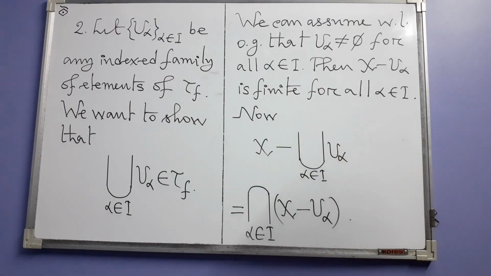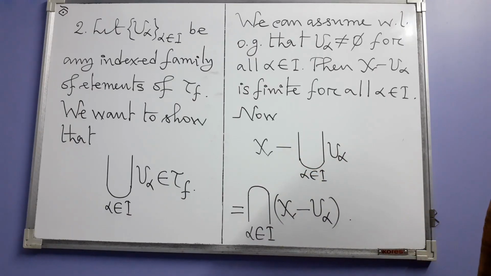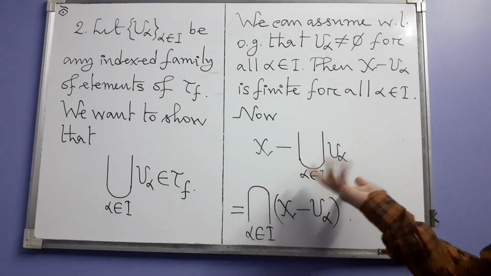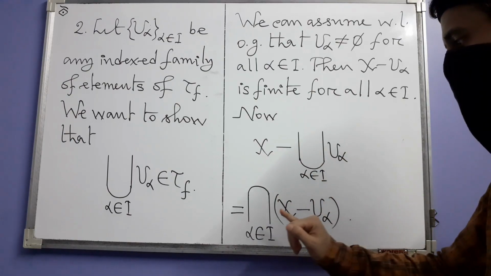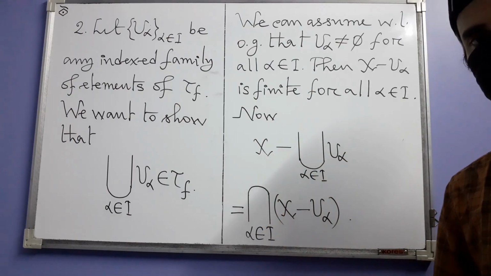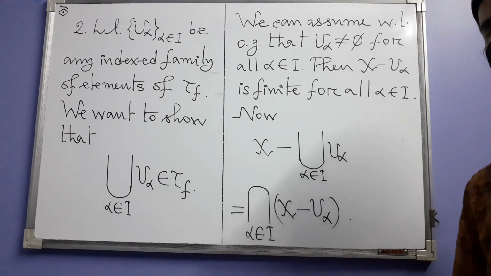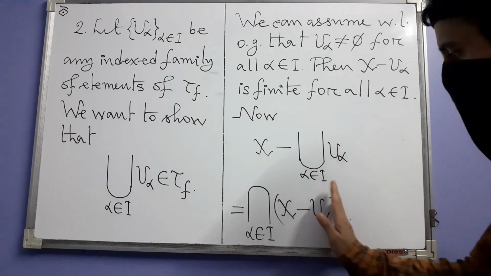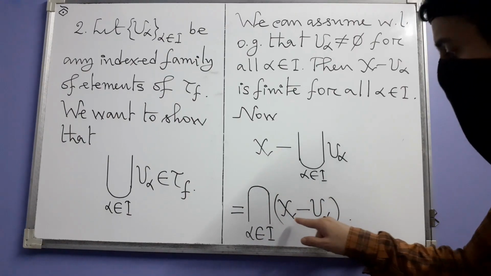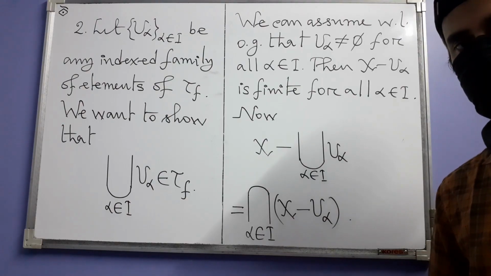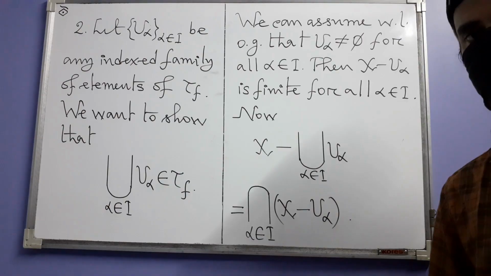Alright. Now we take the complement of the union in X. By one of the generalized De Morgan's laws, the complement of the union is equal to the intersection of the complements. Now what can we say from this? Note that this intersection is a subset of all these sets. Actually, it's enough to consider one complement from here.